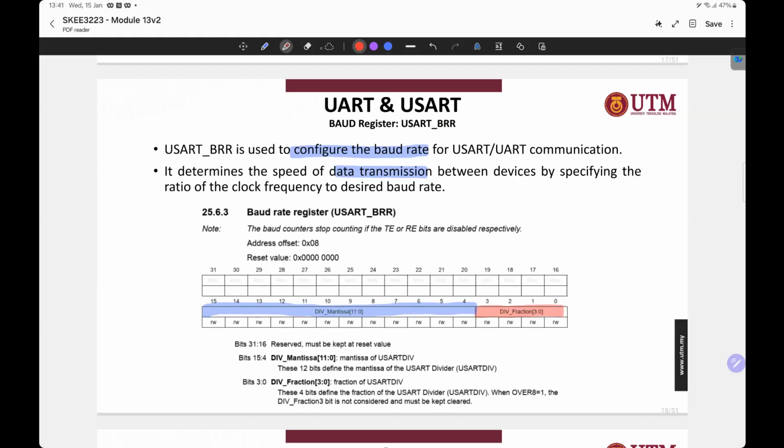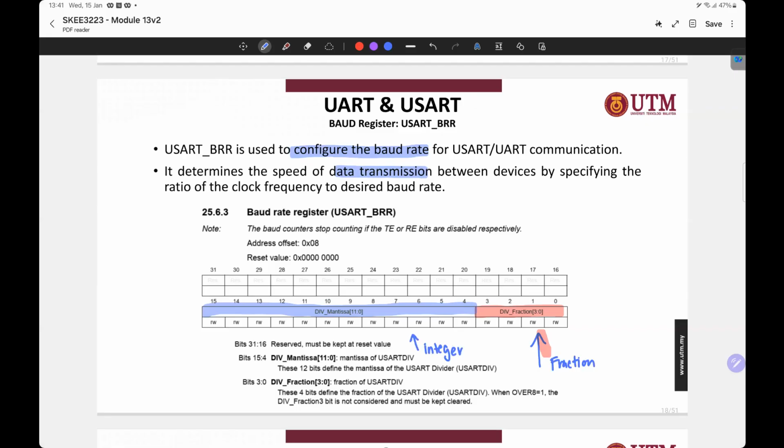You can see here, bit 0 until bit 3 is for the division fraction. So the fractional value from the calculation will be stored here, while the integer from the calculation will be stored in bit 4 until bit 15.